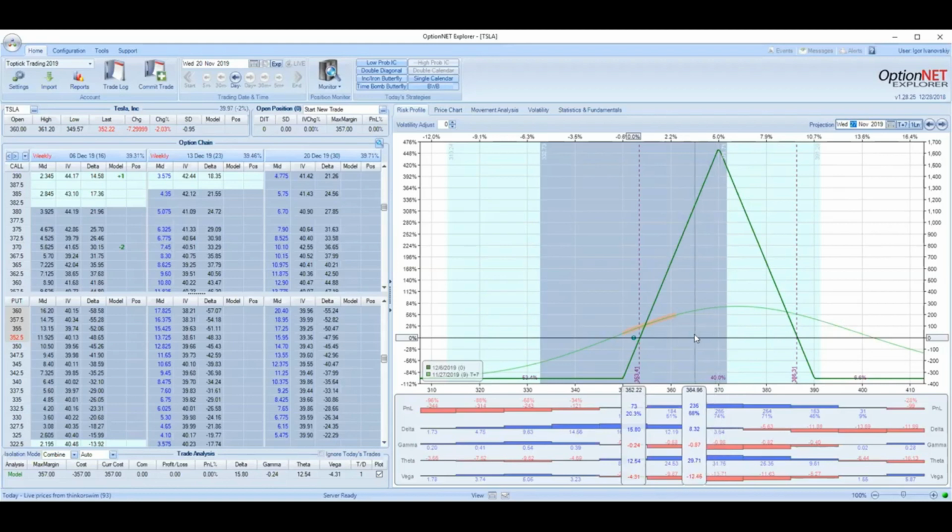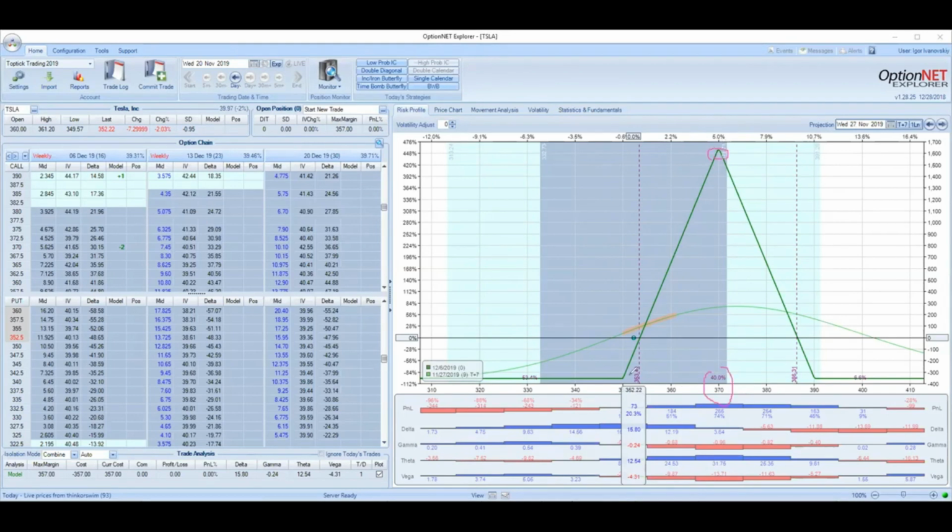Now, if we're going to be right on the direction and Tesla goes up from 350 towards 370, sure, decay is going to help, because think about what's happening here. We have short 370s, right? We're short these calls here.